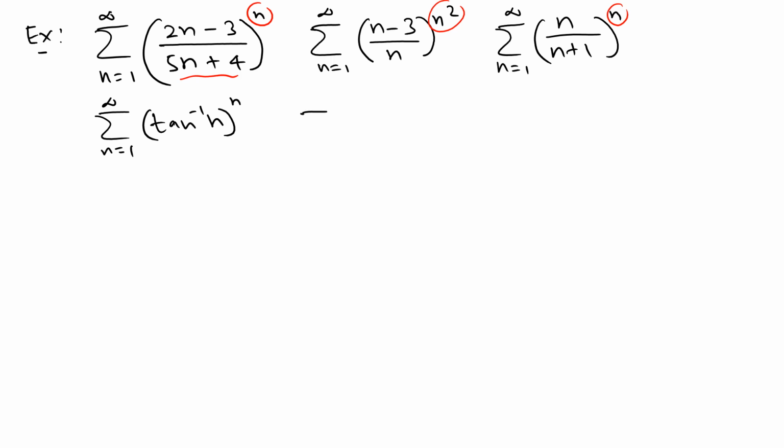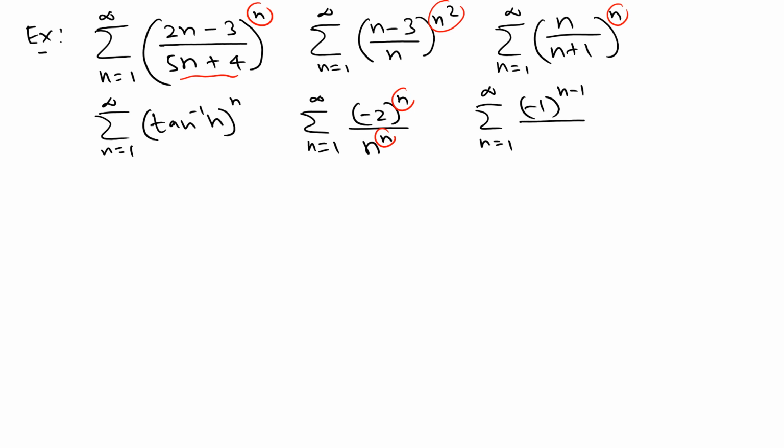And then the sum from n equals 1 to infinity of negative 2 to the nth power over n to the n. Clearly, these n's tell you that you can try the root test. And the next one, the sum from n equals 1 to infinity of (negative 1)^(n minus 1) over (ln n) to the nth power.